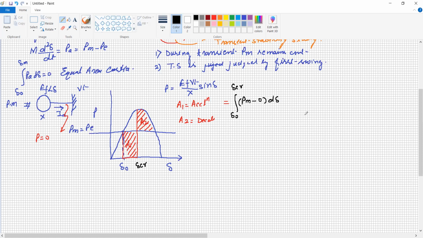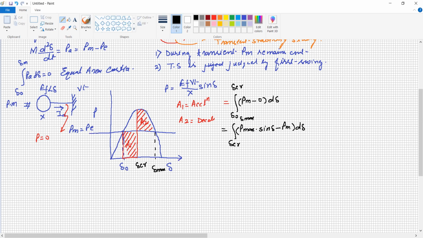Here we are not going to consider the calculation and integration on these things. Similarly, area A2 starts from delta CR, the critical value of the angle, and goes up to delta maximum, which is the integral of power at any point over here, which is P maximum into sine delta, minus PM d delta. So this is the area we can find.